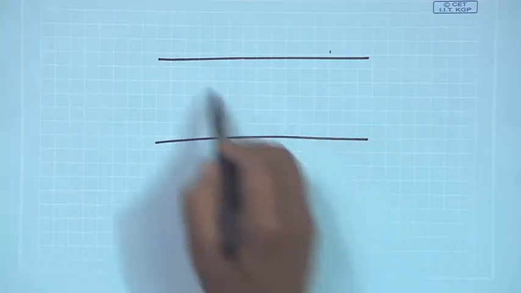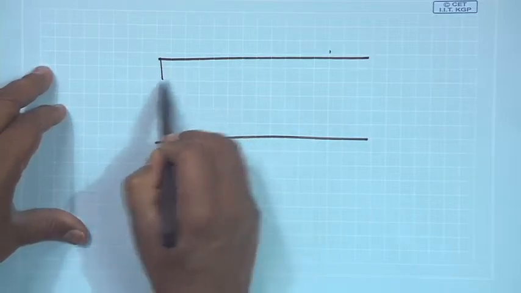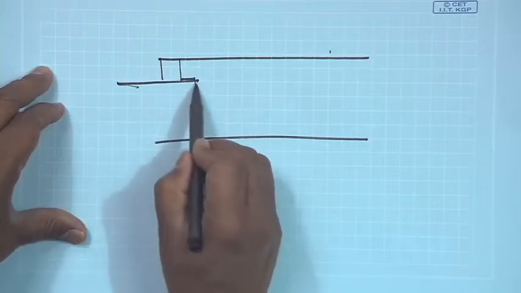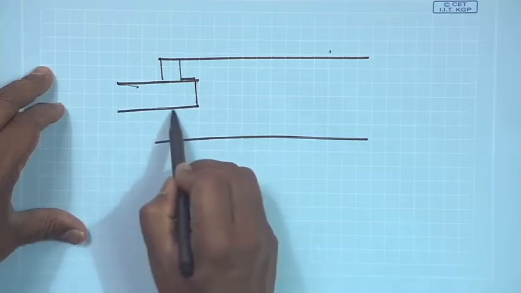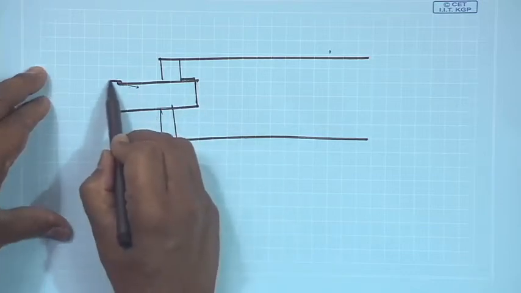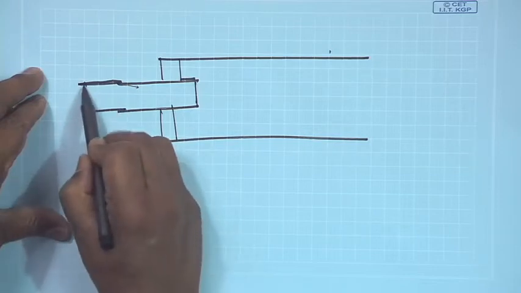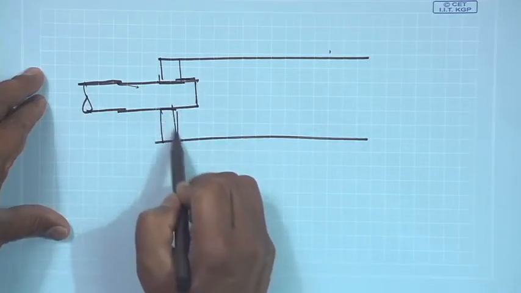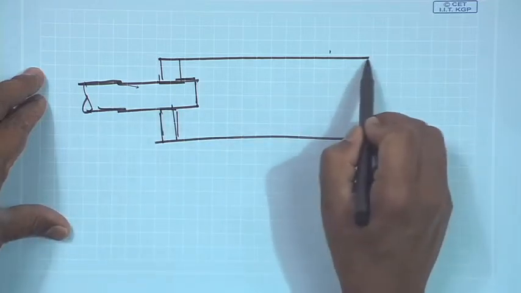Okay. The pulley is nothing but a big cylinder, okay, onto which a shaft is welded.